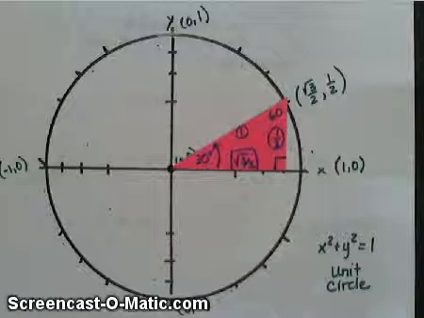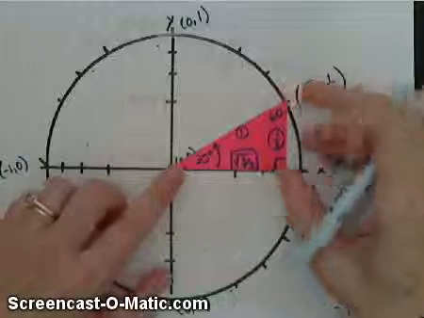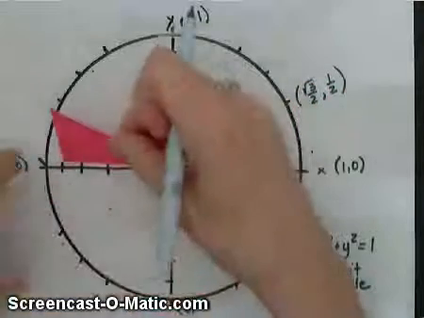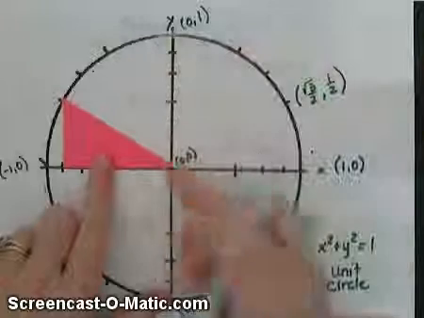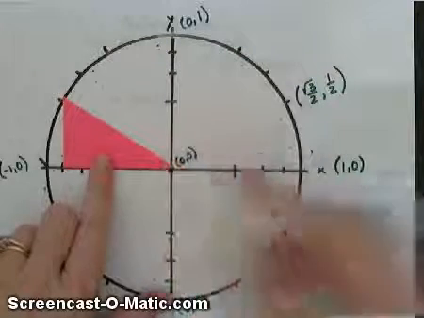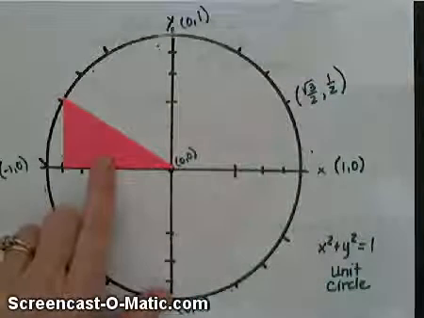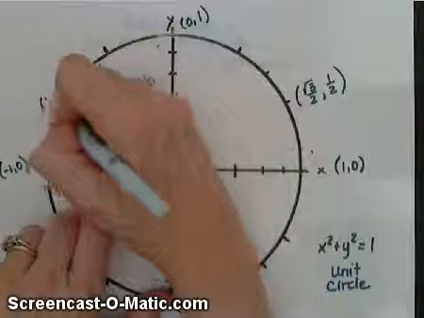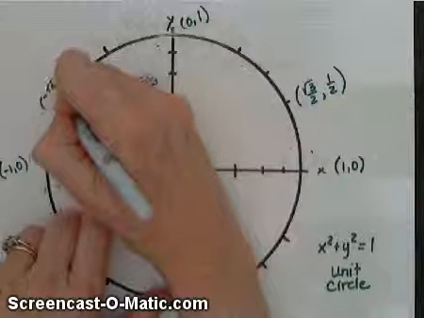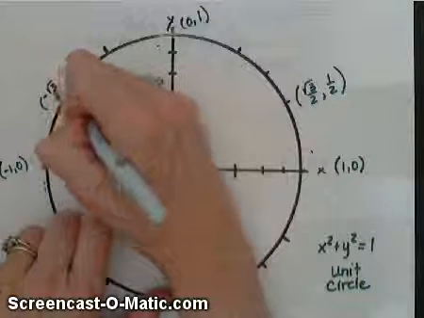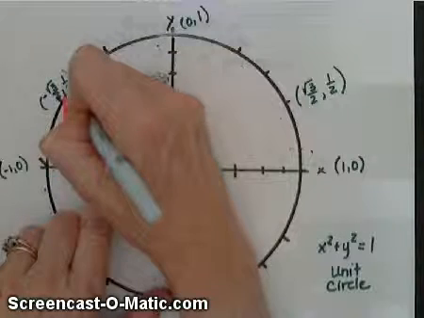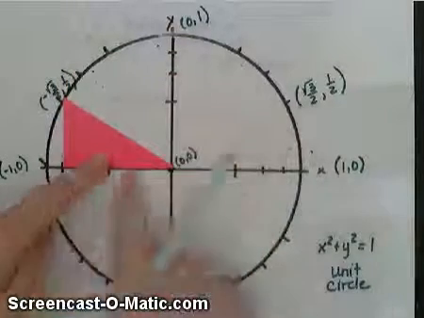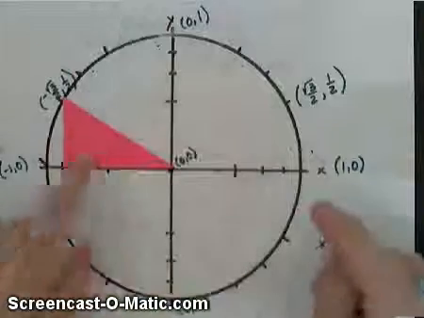All right, now I'm going to take this same triangle, flip it over, and put it on this side. Now, the measure of this point would be negative square root of 3 over 2, comma, positive 1/2, because it's negative that much and up.